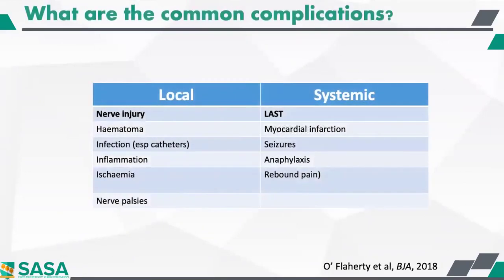Local complications include nerve injuries, hematoma, infection, inflammation, ischemia, nerve pulses, to name a few. Systemic complications involve anaphylaxis, seizures, myocardial infarction, and local anesthetic toxicity.